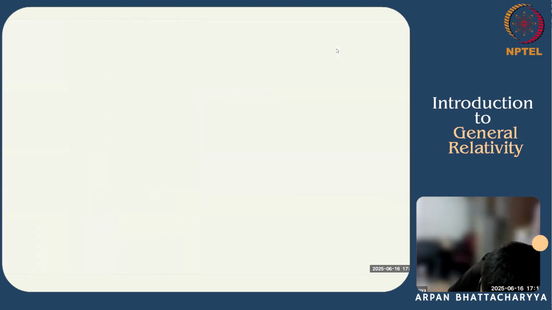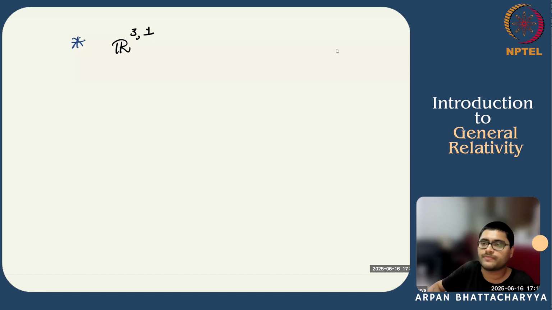So before we end, let's discuss one more thing. Let's consider again this Minkowski spacetime. Go back to R3,1, and let's assume that there is a 1-form whose components satisfy this. Okay.